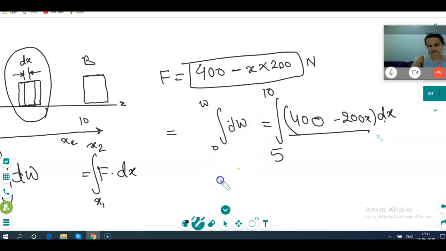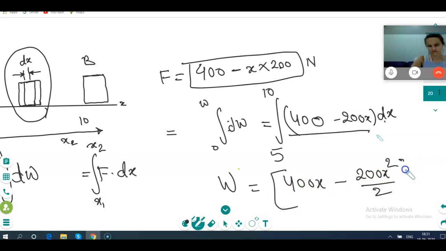So integration of dw is w. Please tell me what is the integration of 400? Integration of 400 is 400x. 400x minus 200x squared divided by 2, with limit from 5 to 10.